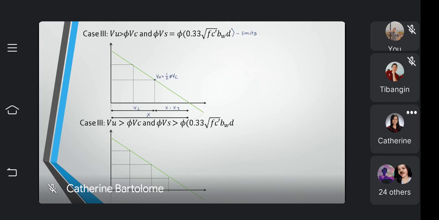Ngayon, if this is your half of VBC and this is your VBC, magkakaroon tayo ngayon ng another region here. Let's call this x1 and this length is x2 minus x1. Susundan?